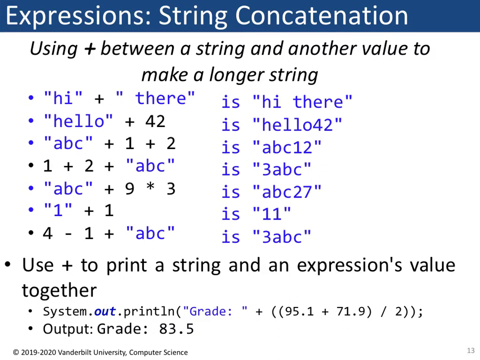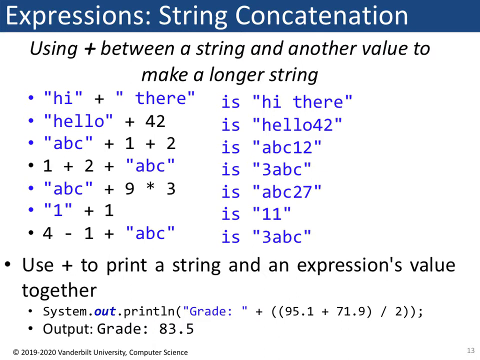So our operands have data types integer and string, so the result must be a string. So 3 plus "ABC" is going to result in "3ABC". So the rules stay the same. An operator is going to only consider its operands when determining the resultant data type.